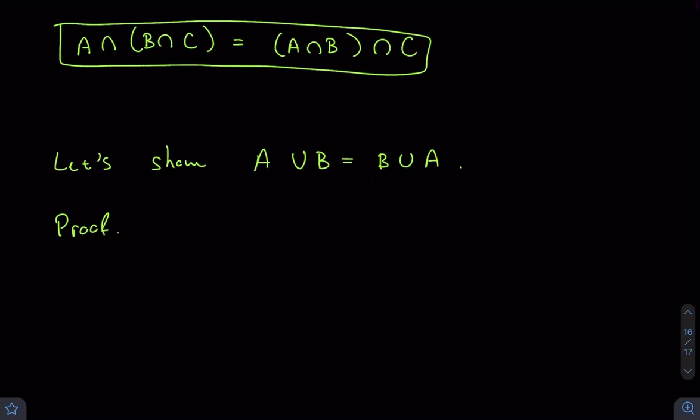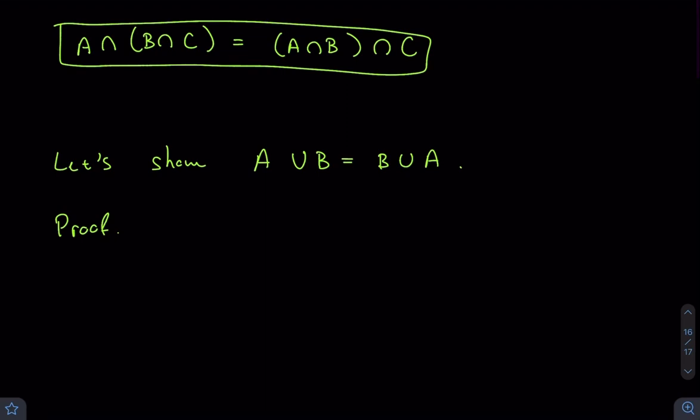But also we have to show, okay, is the reverse true? Is this a subset of this? And the way we show that is, again, picking an arbitrary object in this set and showing that it will also belong to this set, making this a subset of this. And then once they're subsets of each other, we can say that they're equal.